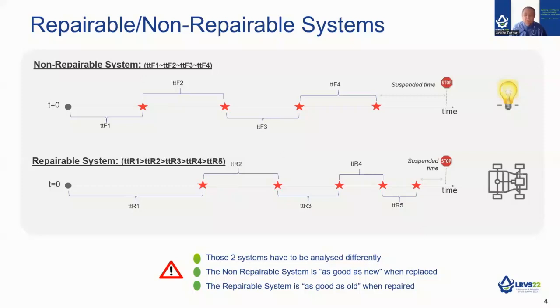And we need to indicate how we treat the data, because this will eventually influence the correctness of our PF curve. Additionally, we talk about non-repairable system being as good as new when replaced, whereas in a repairable system, the system is as good as old when repaired.